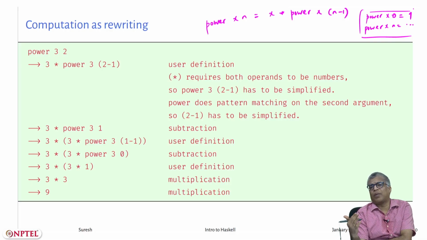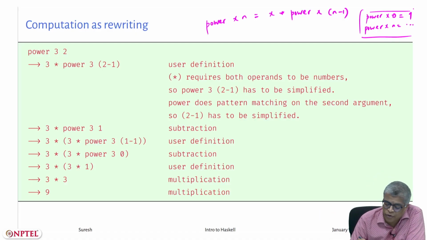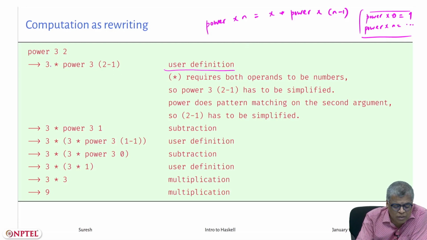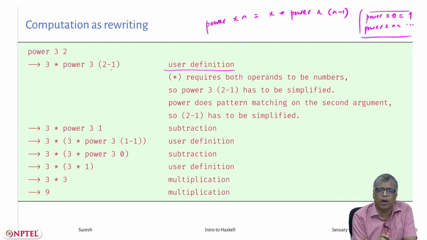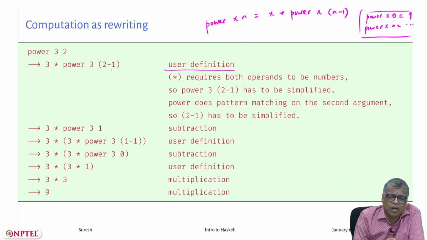The first definition will apply only if the second argument is equal to 0, but here the second argument is 2, it is not equal to 0. So therefore, it applies the user definition and you get 3 times power 3 (2 minus 1). At this point, what should happen? Should the 2 minus 1 become 1, or should you do something like 3 times?